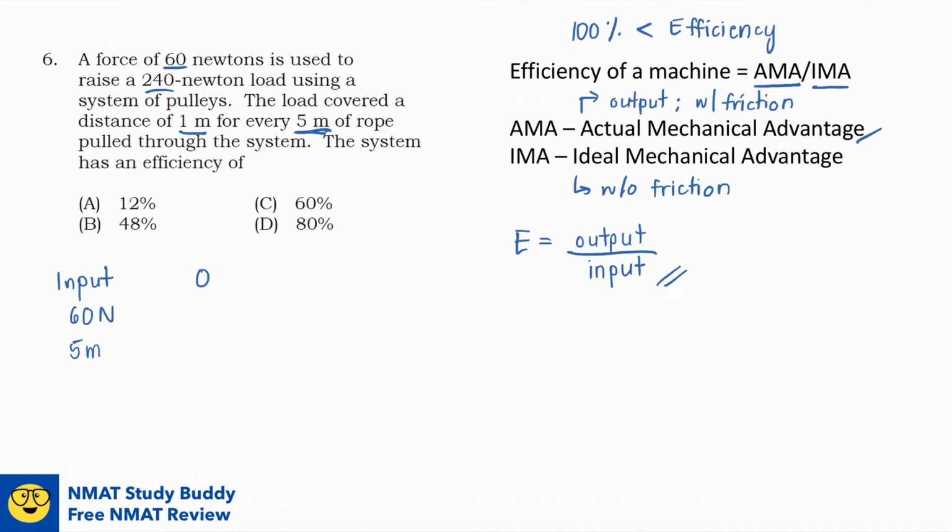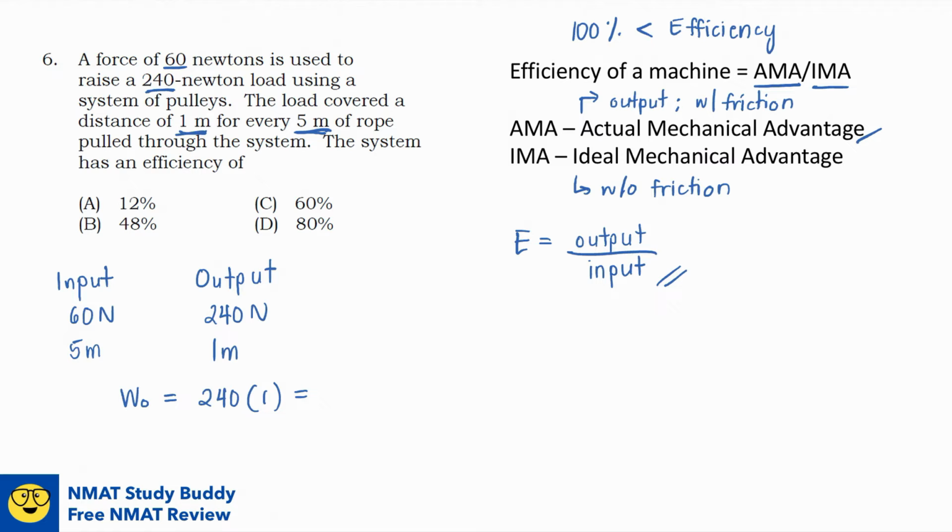And then, yung sa output naman, 240 newtons yung na-raise na load. And then, yung distance naman na na-cover ng load for every 5 meter is 1 meter. So, yung work output is equal to 240 times 1.